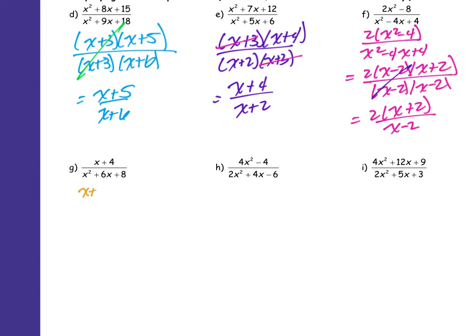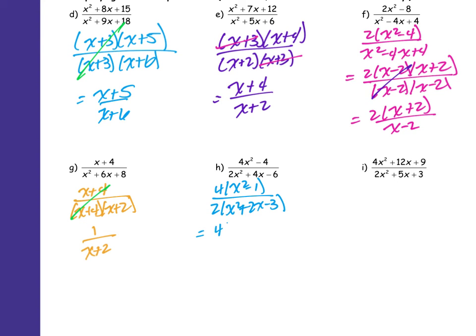Those go away, and I get left with 1 all over x plus 2. And then H, I'm going to factor a 4 out, and I get x squared minus 1. And I'm going to factor a 2 out, and I get x squared plus 2x minus 3.